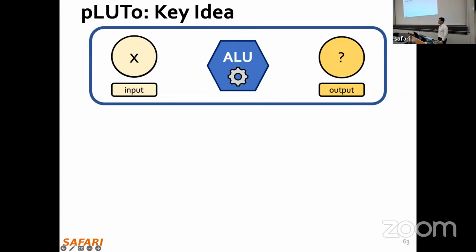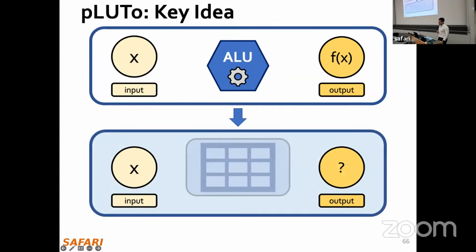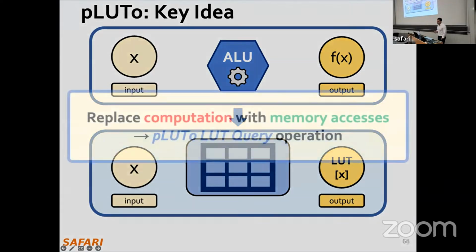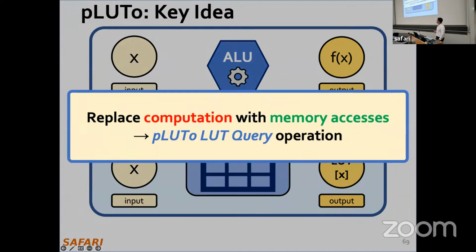Instead of using arithmetic operations to do a particular computation, we pre-compute that computation and store it in a lookup table, and then we replace the operation with a memory read, basically a lookup table access, and then we have our output. This is not new. This is what FPGAs do, for example, but we are going to realize that in DRAM in an efficient way, in what we call the PLUTO lookup table query operation.